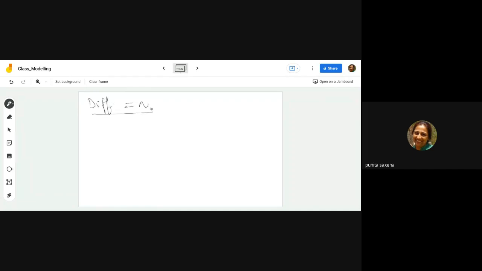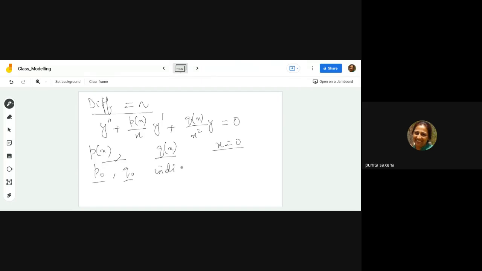Given the differential equation, we express it in this form. This is the first step. We identify our P, we identify our Q, and verify whether x equal to 0 is a regular singular point or an irregular singular point. Find p naught, find q naught, find the indicial equation, and find the roots of that indicial equation. Bas, that's it. How to write the solution, how to find the solution, we'll do it later on.